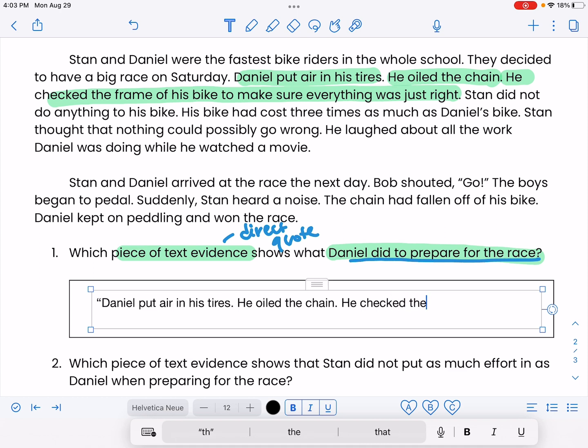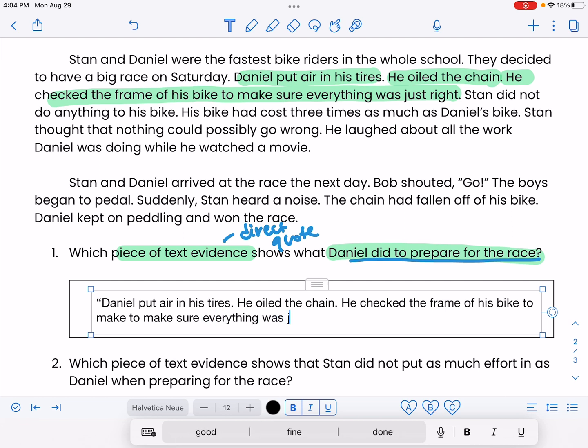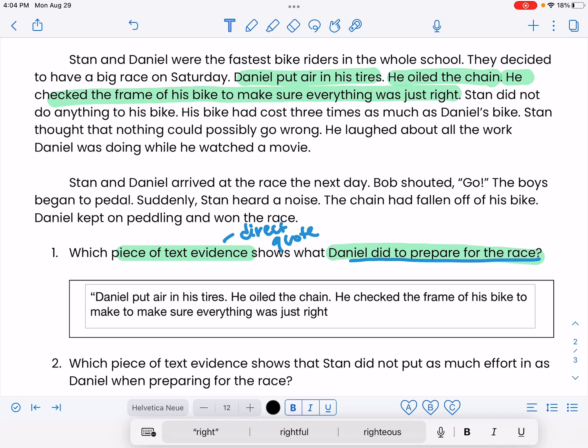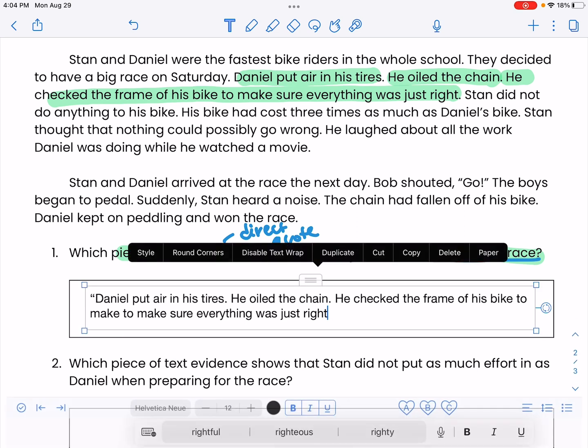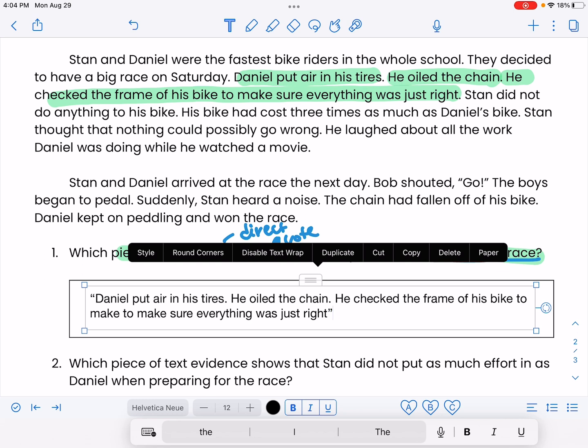Now, on your paper, you don't need to write all 3 of these sentences. You can choose one of these sentences that shows how Daniel prepared for the race for this box. Okay, so it's a quote, so we put our quotation marks, and now we need to do our in-text citation.